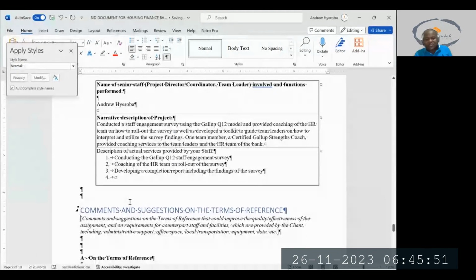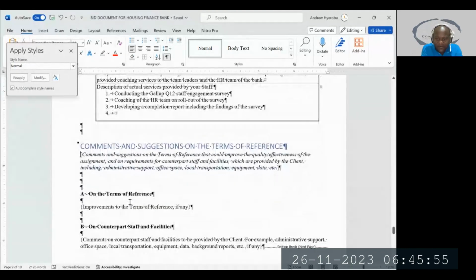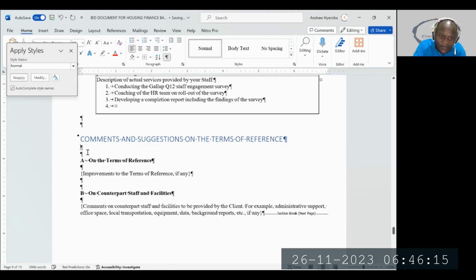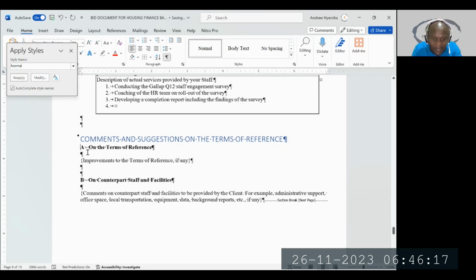So what are the instructions here? They say comments and suggestions on the terms of reference that could improve the quality and effectiveness of the assignment, and on the requirements for counterpart staff and facilities which are provided by the client, including administrative support, office space, local transportation, equipment, data, etc. Okay, so we'll take this out, and now we have to go and read the terms of reference.